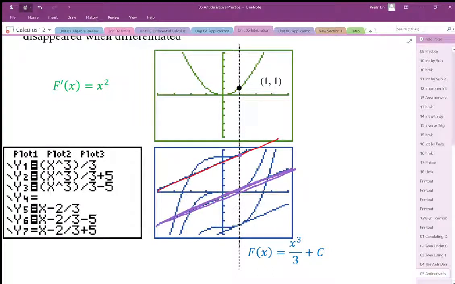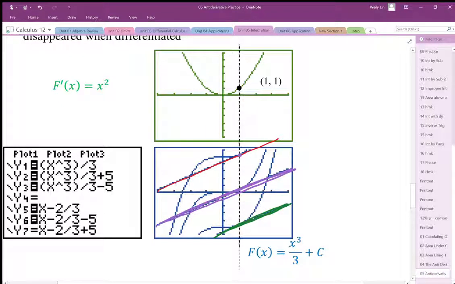And if we look at -5, at x equals 1, again, exact same slope as the 0 and the plus 5. So this slope at that same x coordinate is going to give us the exact same slope values.